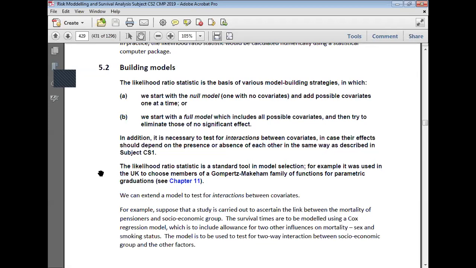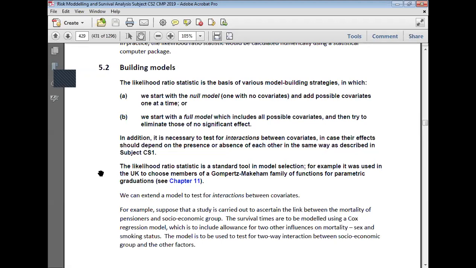And if you test whether this person has a car or not, that also comes out as a significant covariate. But if you include socioeconomic background and having a car simultaneously, and by simultaneously, I don't mean by interacting them together, I just mean a model where Z1 is socioeconomic and Z2 is car, then you might see that once we've included the socioeconomic status, the car variable doesn't add much to the model.